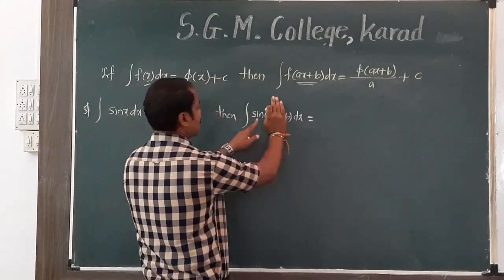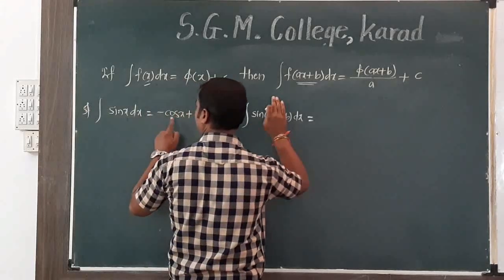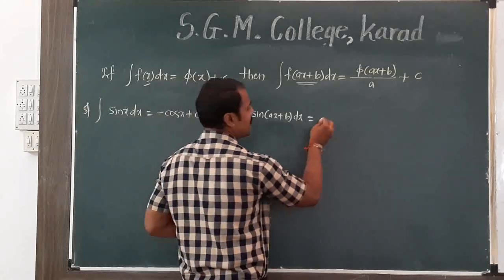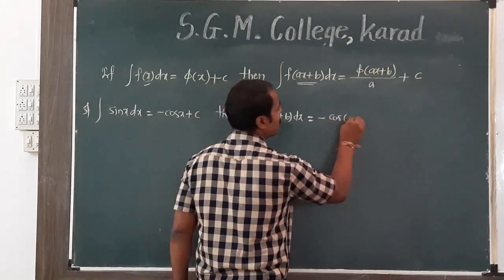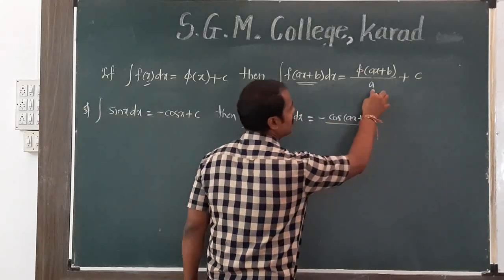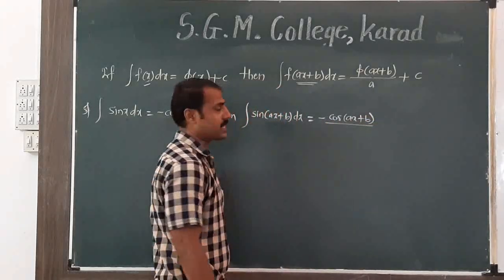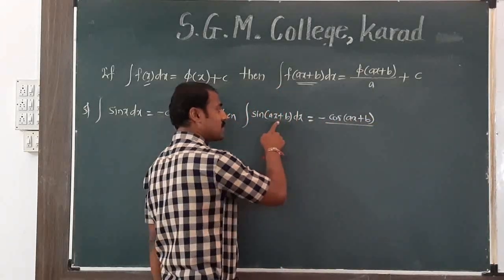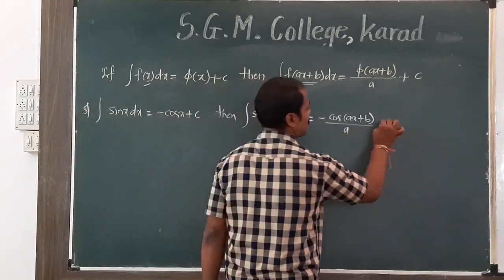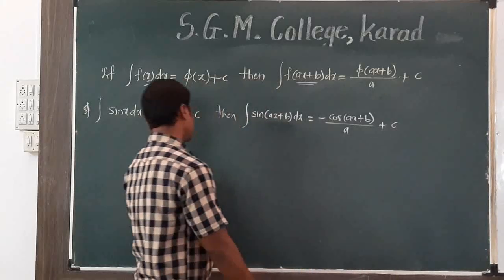We know the integration of sin x is minus cos x. So integration of sin of ax plus b is minus cos of ax plus b. Don't forget to divide by the coefficient of x. Here the coefficient of x is a. So divide by a, plus constant of integration c.